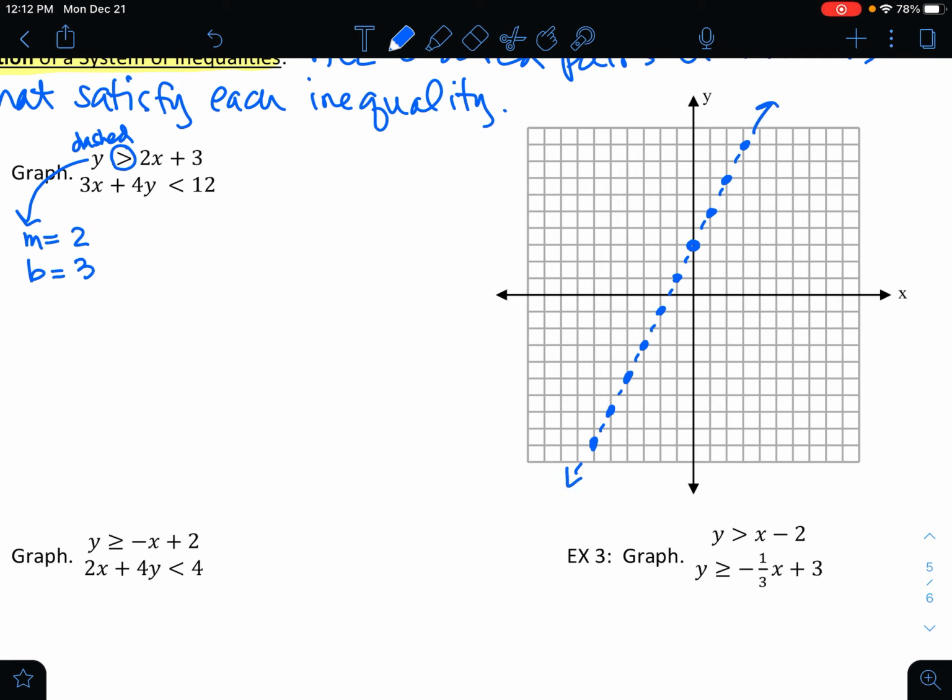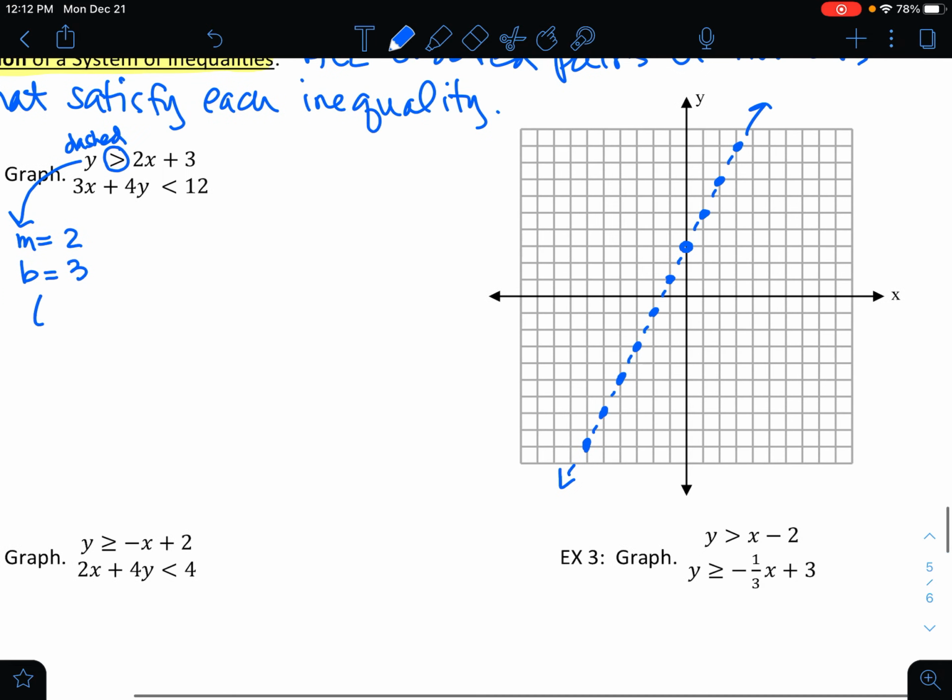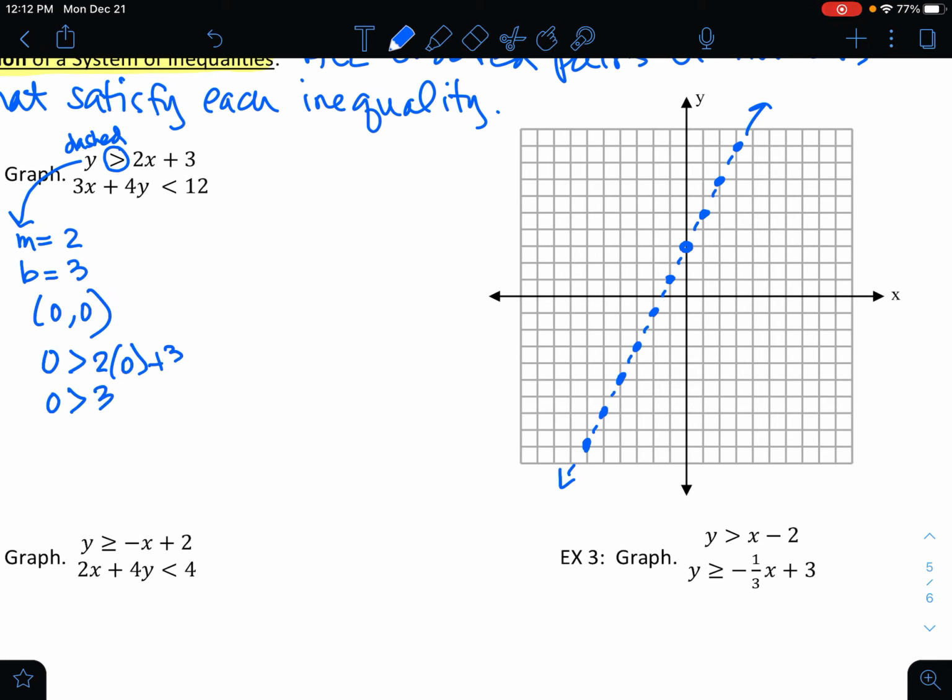Now let's figure out where to shade. Let's plug in that 0, 0 test point. Is y greater than 2 times 0 plus 3? Is 0 greater than 3?